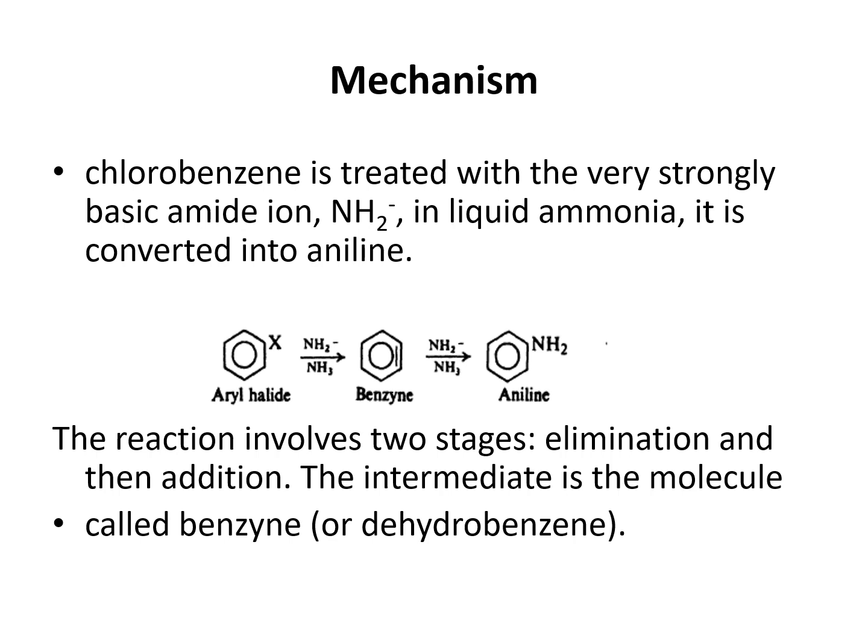Here chlorobenzene is treated with a very strongly basic amide ion in liquid ammonia, and it is converted to aniline, where the X is replaced with an NH2 group. The reaction involves two stages: first is the elimination stage and second is the addition stage. That is why we call it the elimination addition mechanism.